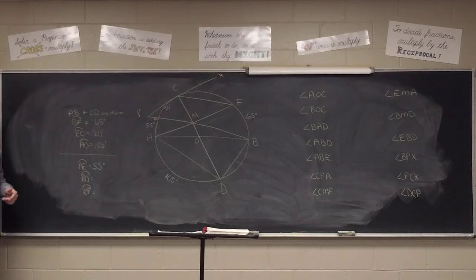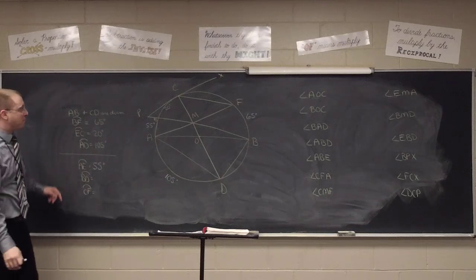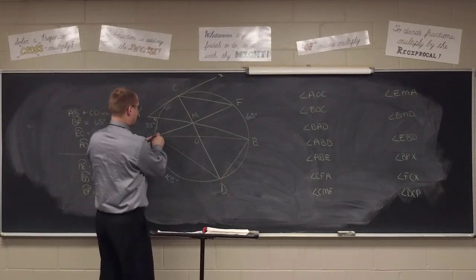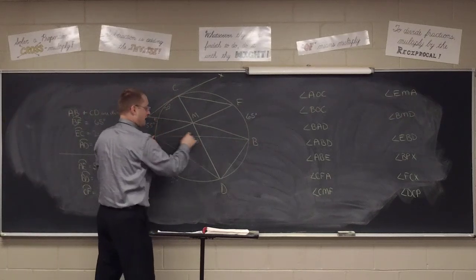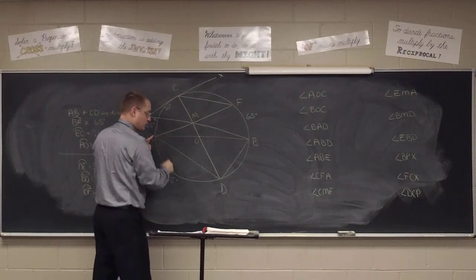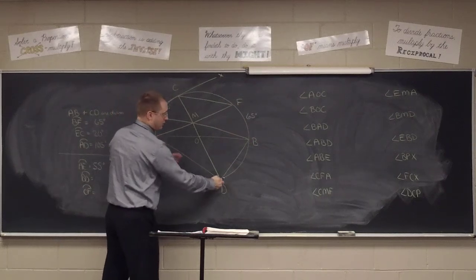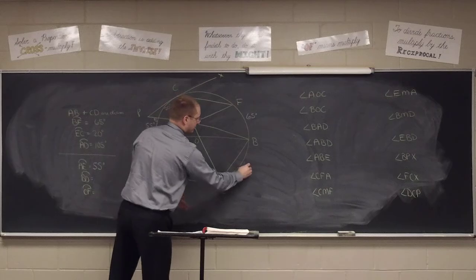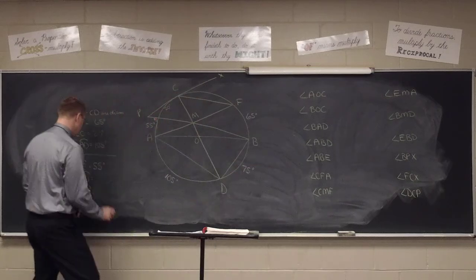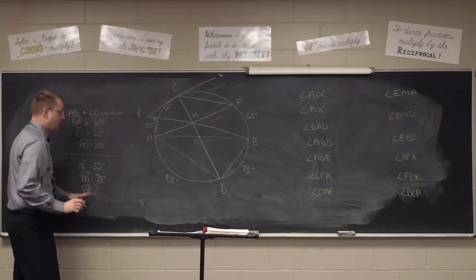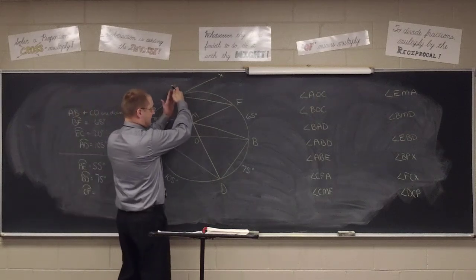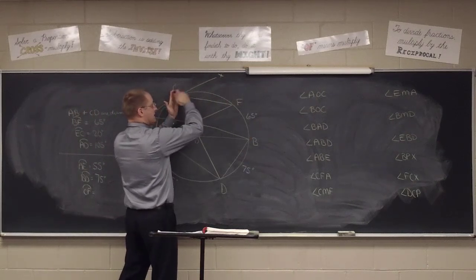How many got 55 for AE? All right, then BD. Well, if we consider that diameter AB gives us another semicircle below it, we've got 105 here. That leaves 75 degrees here. And then for CF, we could look at either this diameter and this semicircle.